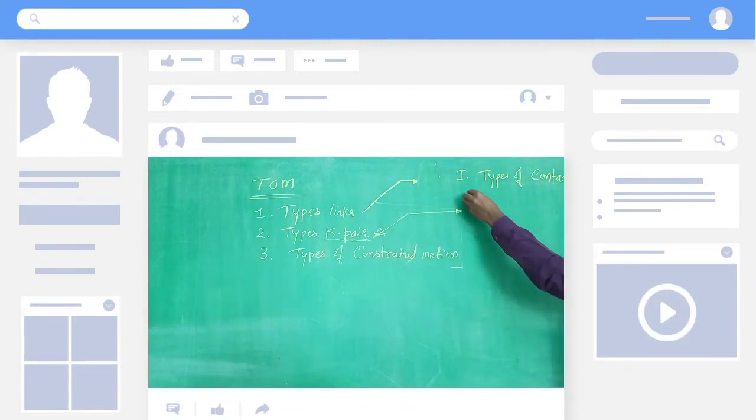The second one will be based on the relative motion, the relative motion between the links.